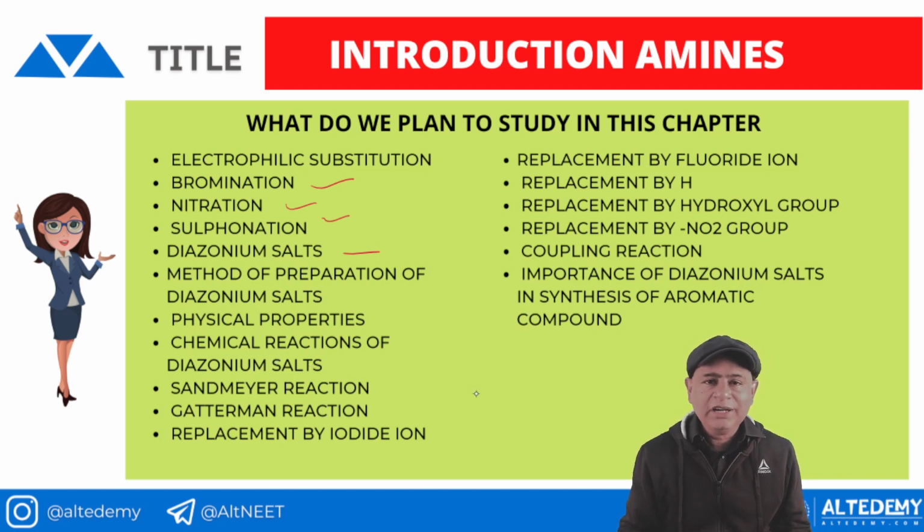Some important reactions in this concern are the Sandmeyer reaction, Gattermann reaction, replacement by iodide ion, replacement by fluoride ion, replacement by hydrogen, replacement by hydroxyl group, replacement by NO2 group, coupling reaction, and the importance of diazonium salts in the synthesis of aromatic compounds. This comprises the whole syllabus prescribed for your CBSE as well as NEET examination.